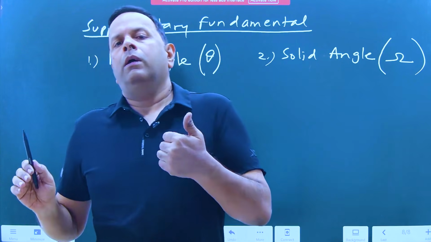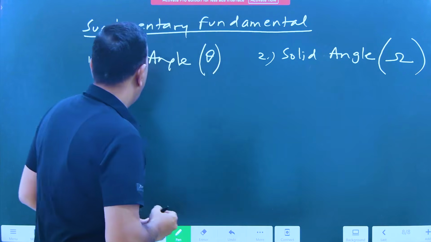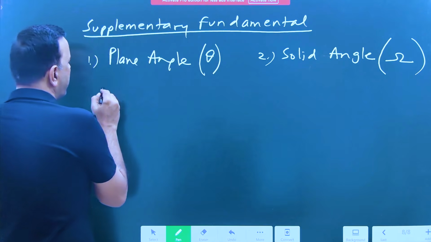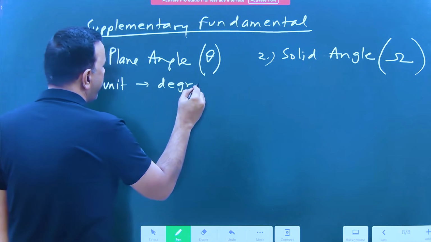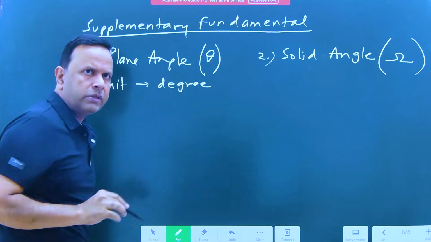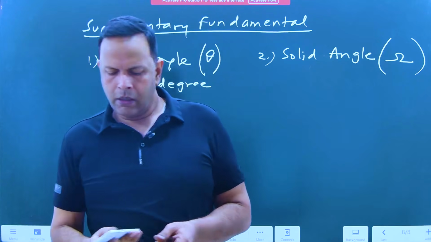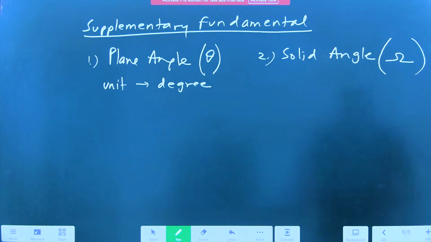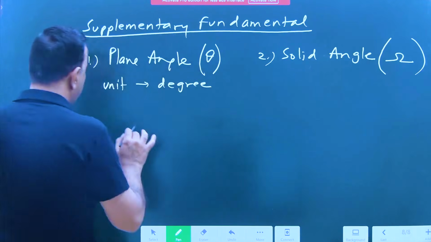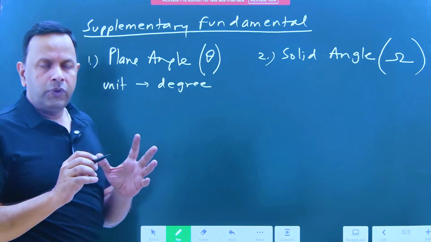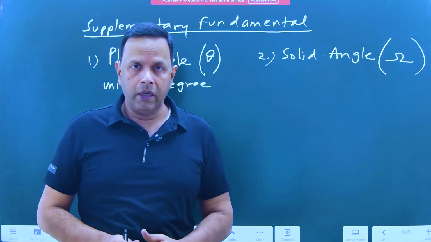So far, if I'm not wrong, we were measuring this plane angle with the unit of degrees. For the whole circle, we said that it is 360 degrees in all. So, from the SI system point of view, there is a specific way to define the angle.